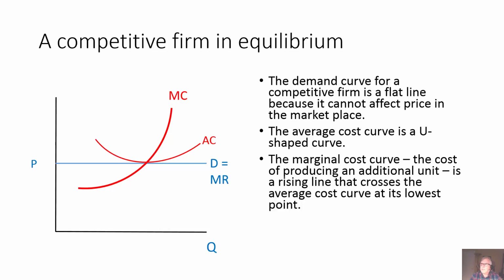The next unit you would produce would cost this much more, and as you can see, the marginal cost curve is going to cross the average cost curve at its lowest point, which makes sense. The minute the marginal cost is higher than the average, it's going to be pulling the average up. When it is below the average, it's going to be bringing the average down. So this may be familiar to you from the earlier videos.